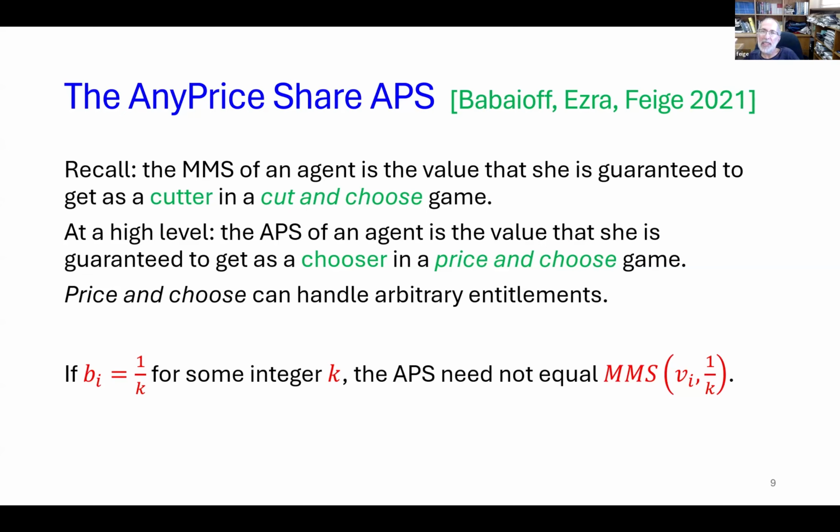The reason is that they're defined through different games. In one case, you're the cutter in cut and choose, and in the other case, you're a chooser in price and choose, and there's no reason that the two values would be the same. In fact, the APS would always be at least as large as the MMS, and sometimes larger.